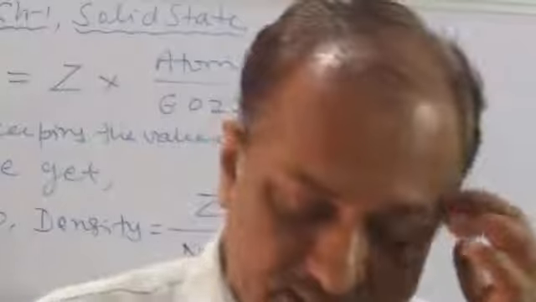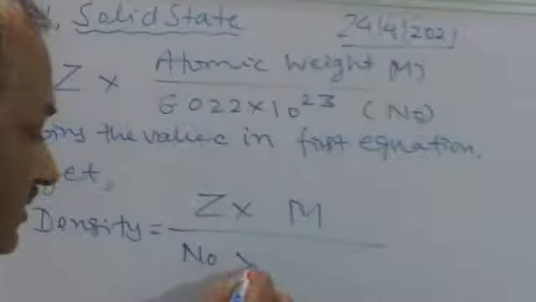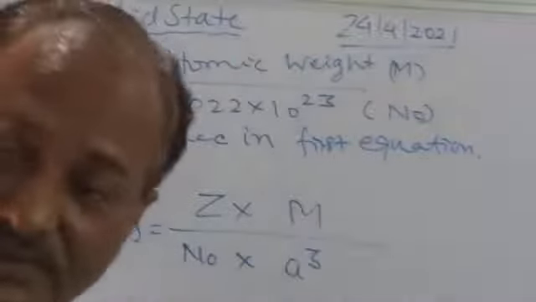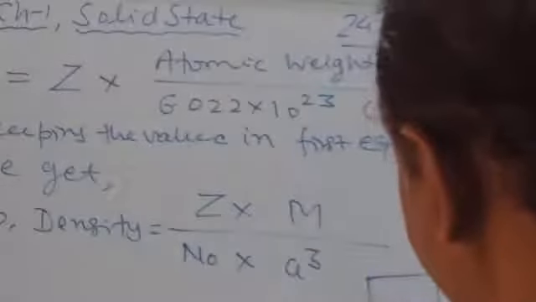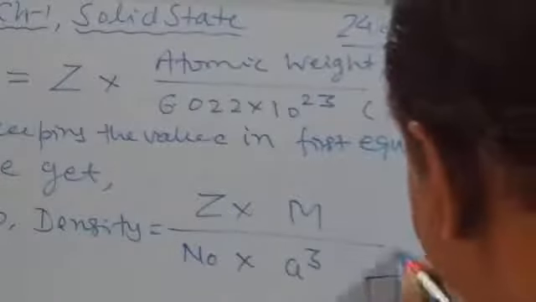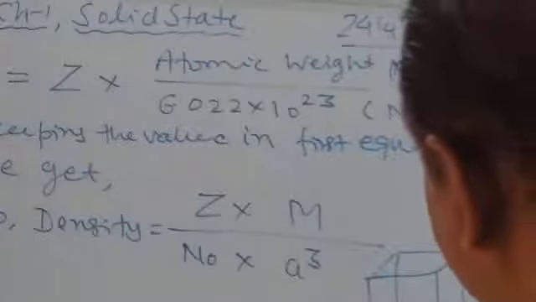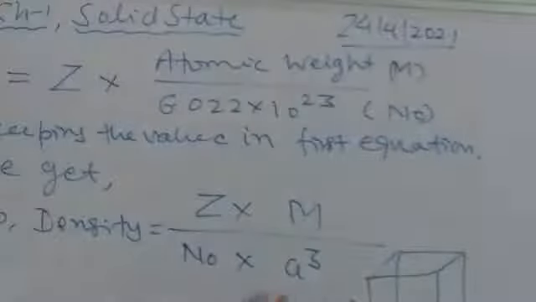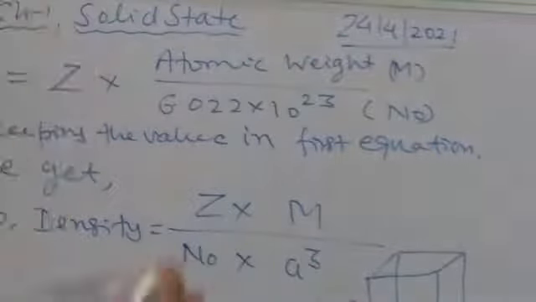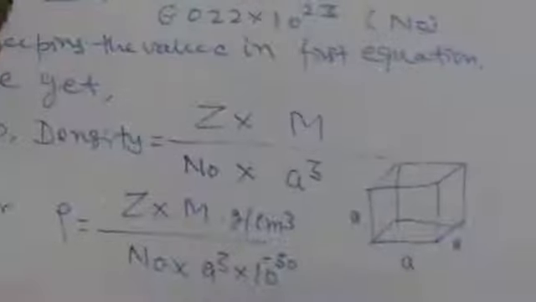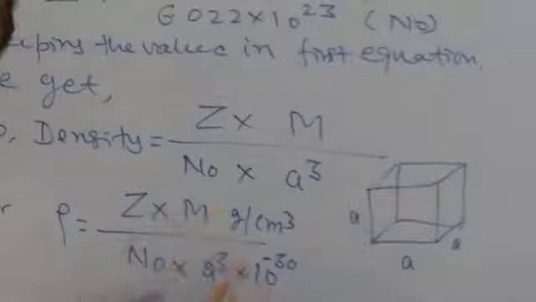It is N0, and then the volume is equal to a cube. Why have I taken a cube? The unit cell has dimensions, and here all the edges are equal to the parameter a. So we multiply here, and this is our required equation, our working equation.